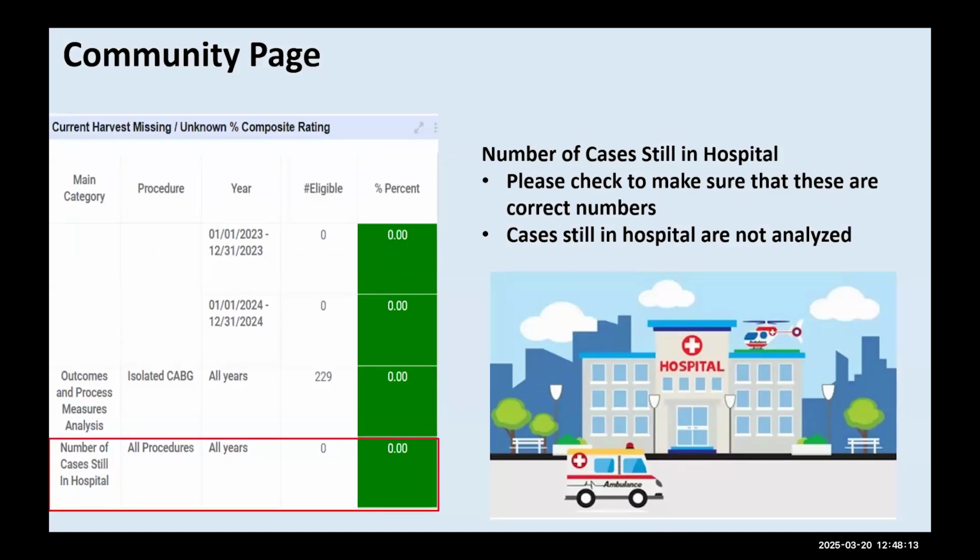This is also really important. I'm going to bring this up because I don't think we focus on this enough. We also have a column on the community page for the number of cases still in the hospital for all the years during the time frame for this community page view. Please check that. I know that some patients may stay in the hospital for 8 months to a year, but we've seen patients that have been in the hospital for 3 years. Maybe it happens, but it's probably really unusual.